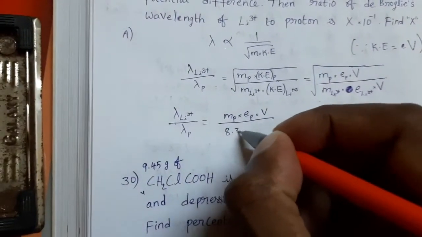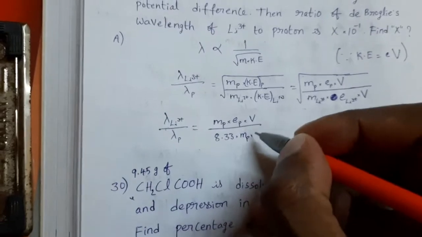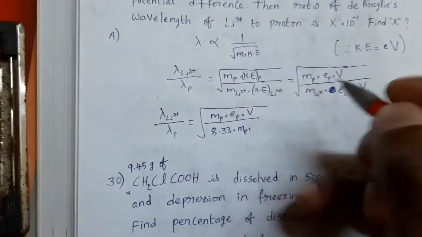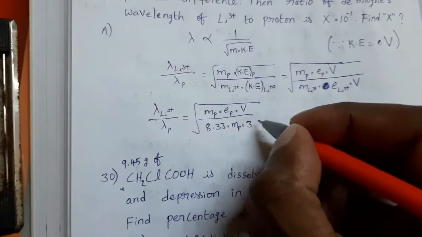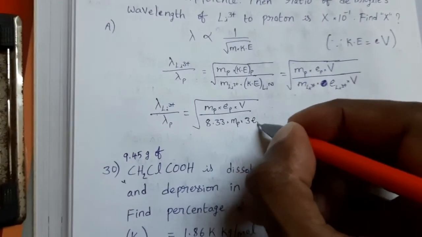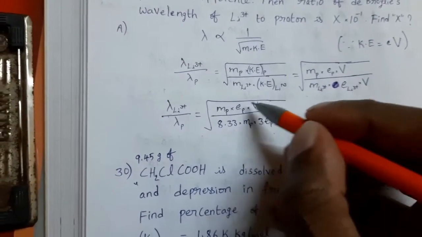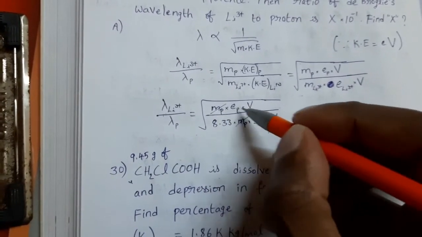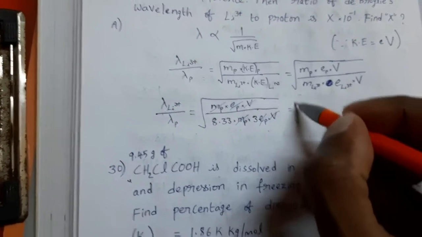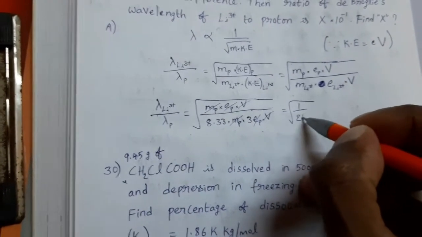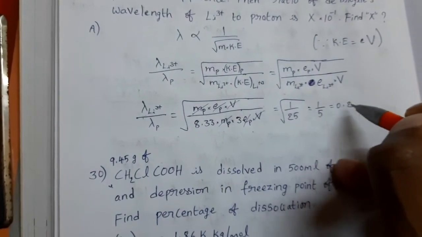So we can write 8.33 into mass of the proton. Li3+ means how many protons are there? 3 protons. So 3 into mass of the proton into charge into potential difference. That means potential difference is same. MP, MP, e, e, V, V get cancelled. Then we can get square root of 1 by 25, that is 1 by 5, that equals 0.2.